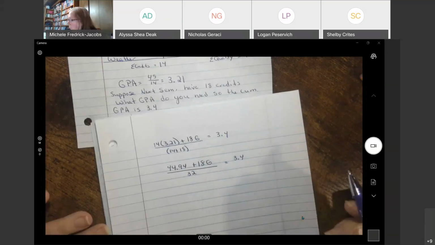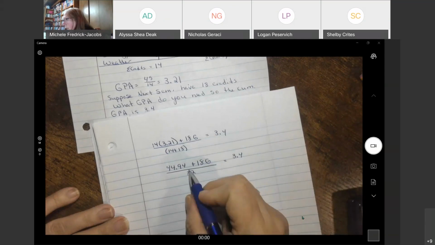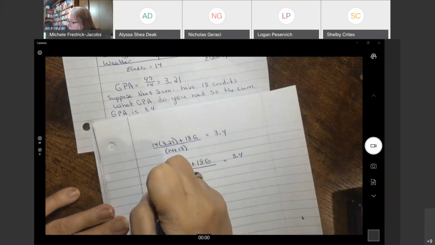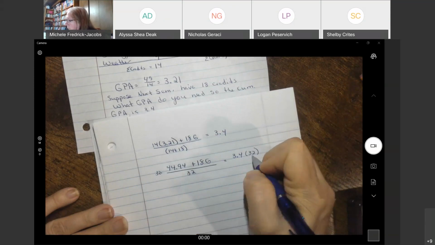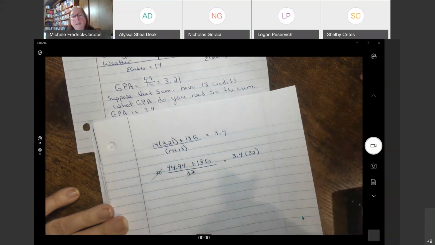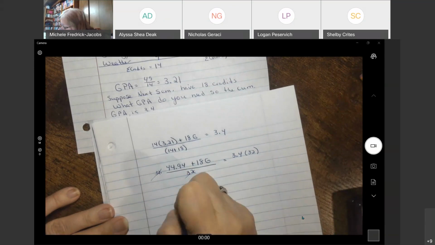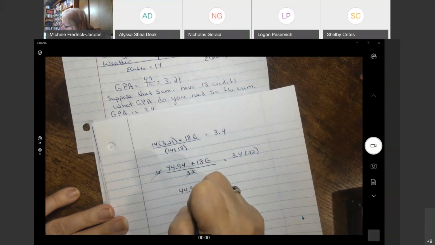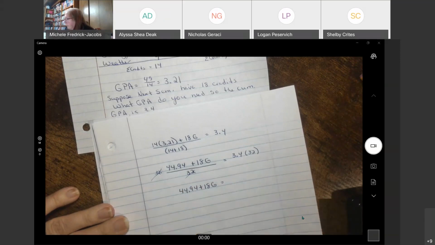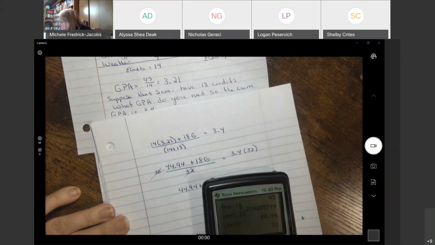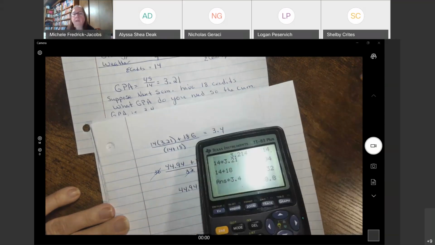Multiply the 32 to the other side. So since we're dividing, we can multiply by 32. That way the 32s cancel here. 32 times 3.4 is 108.8.